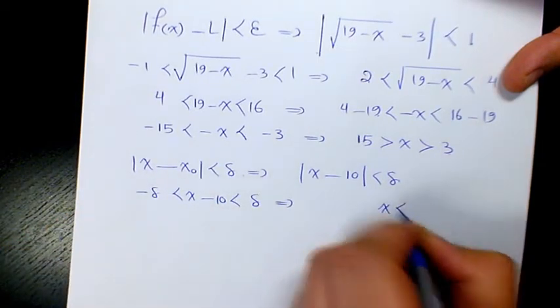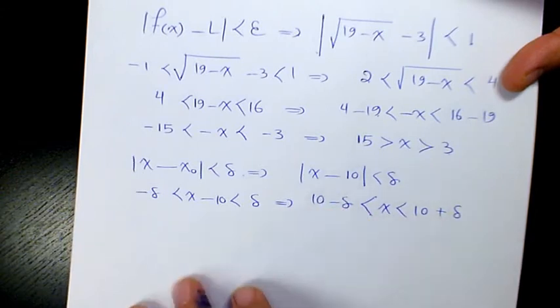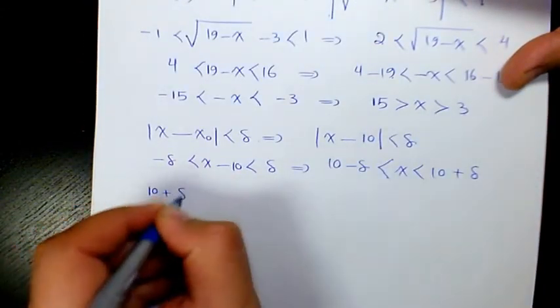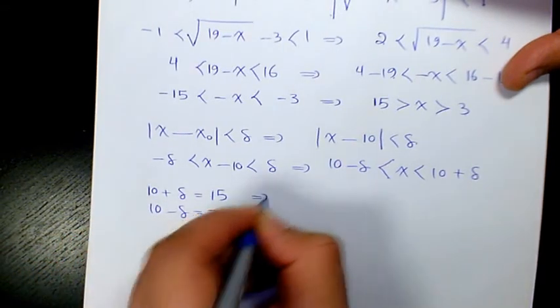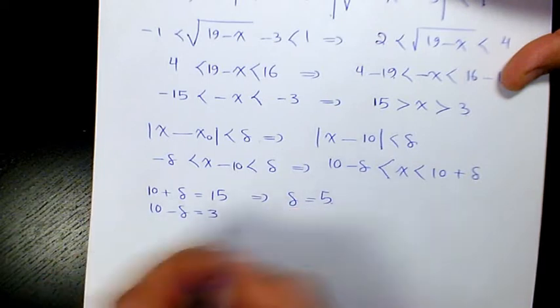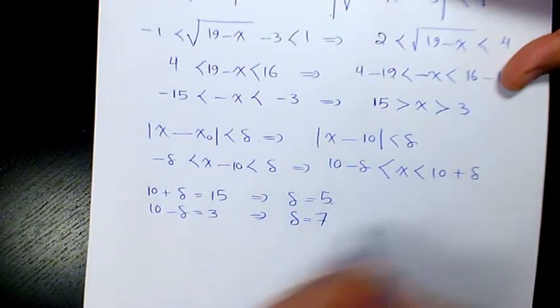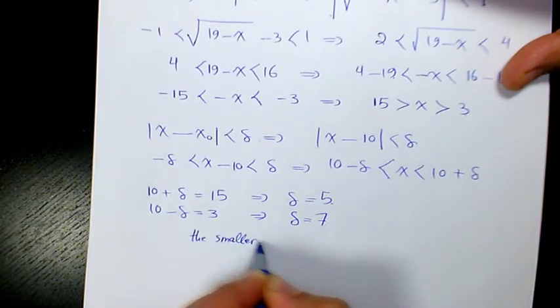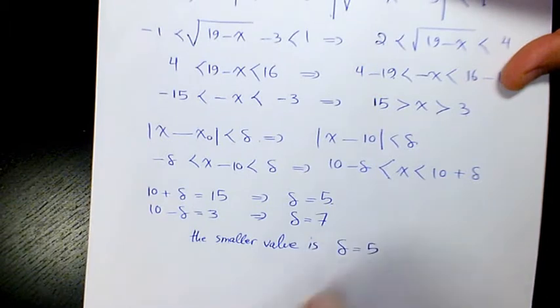So x is 10 plus delta and 10 minus delta. 10 plus delta is 15, 10 minus delta is 3. So delta is 5 in here and delta is 7 in here. So the smaller value is delta equals 5.